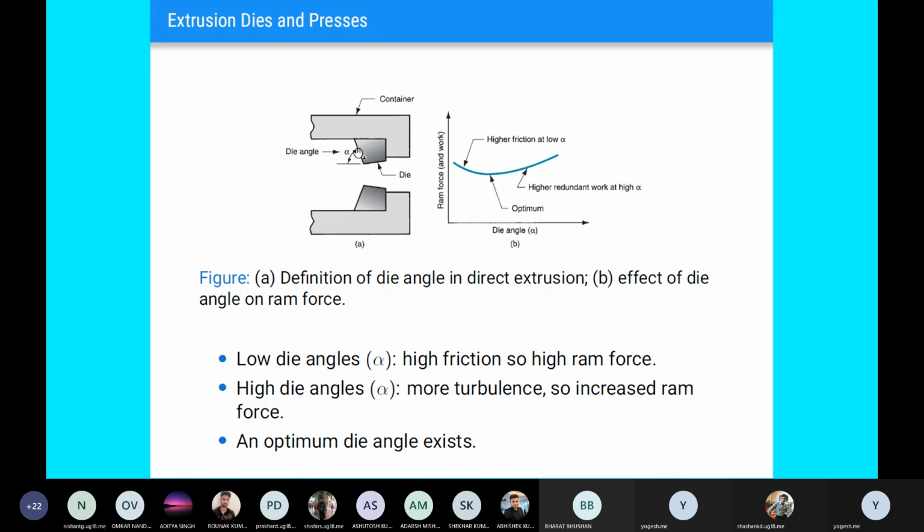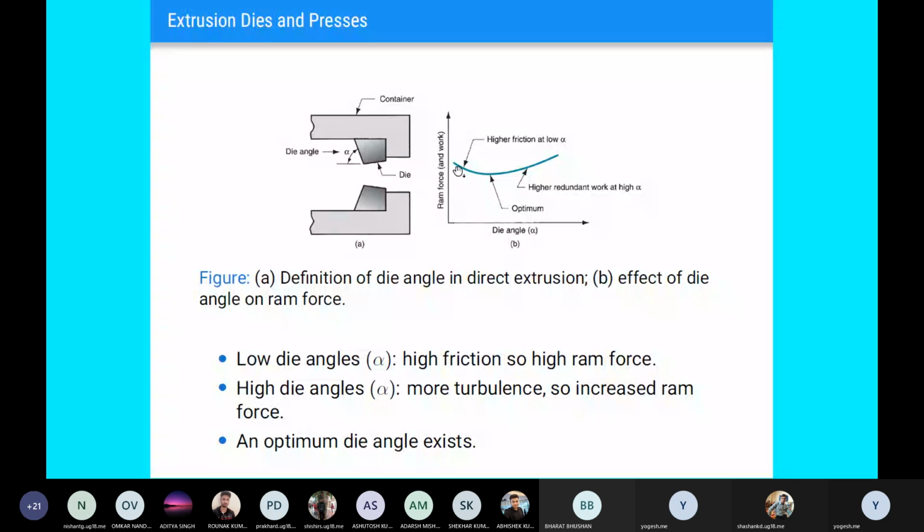Under direct extrusion, the effect of die angle you can see here. If the die angle is very low, the friction is very high. And if the die angle is very high, in that case also there is turbulence, which increases your ram force.